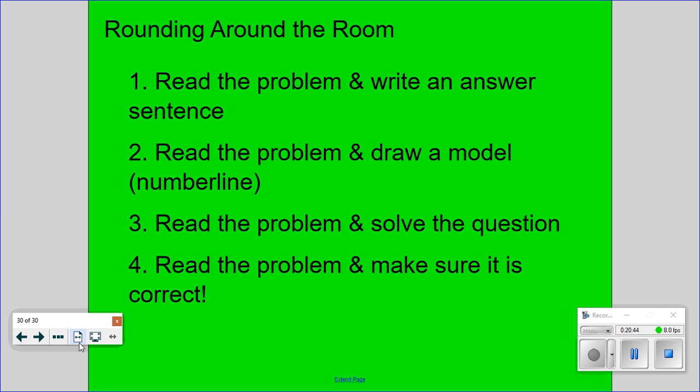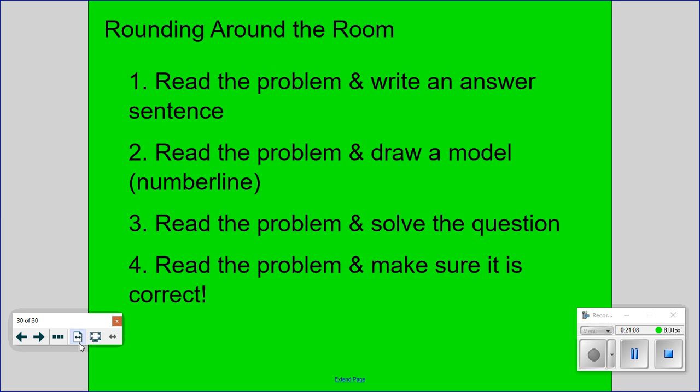You are going to look at the word problems that I have around the room, but instead of solving the entire thing, you are only going to do one step. And then you rotate to the next problem, check what the person in front of you did, and then do the next step. Does that make sense?